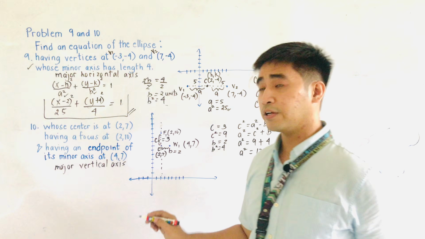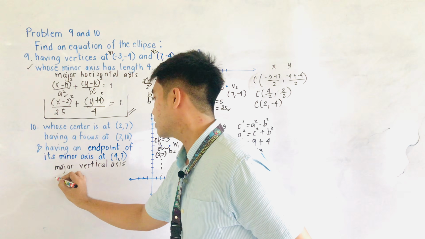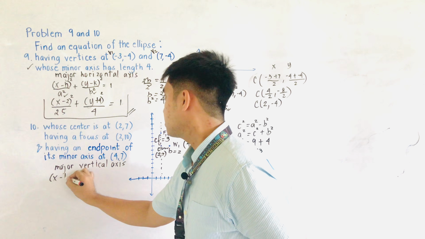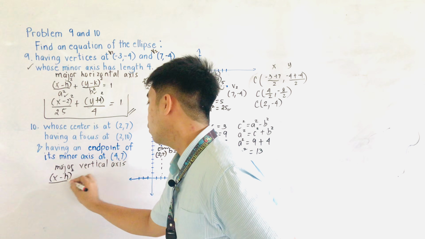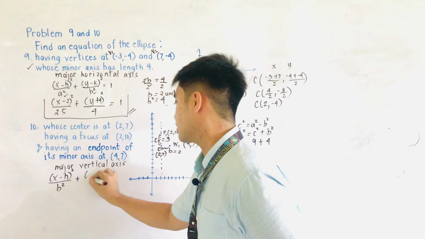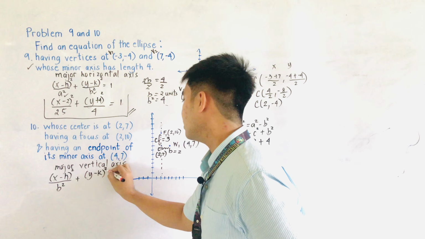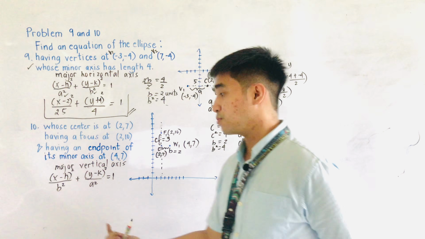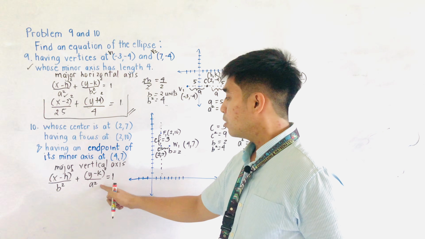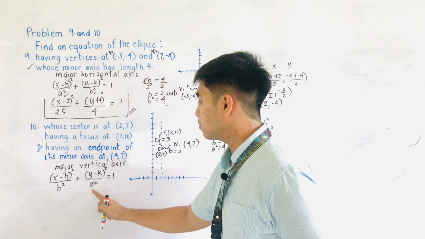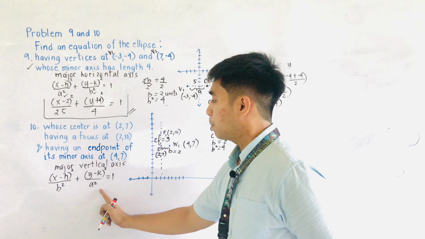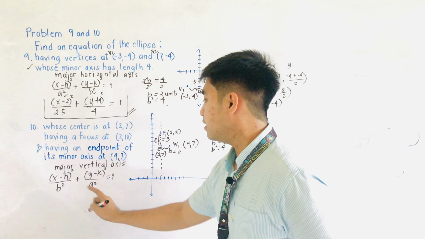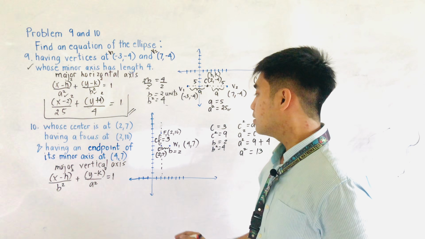If we have a major vertical axis, it now comes to the equation (x - h)² over b² plus (y - k)² over a² is equal to 1. Since we have a major vertical axis, a² is bigger than b². A is greater than b.